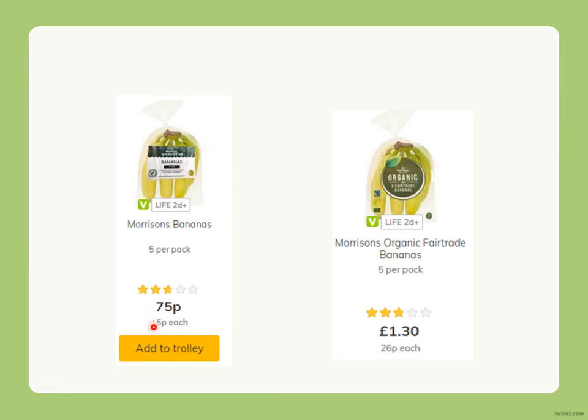So in the table I would write 1 banana is 15p. Let's have a look at the fair trade bananas then. So for a bunch of fair trade bananas, it would be £1.30. Each single banana costs 26p each. So I would write that in my table.